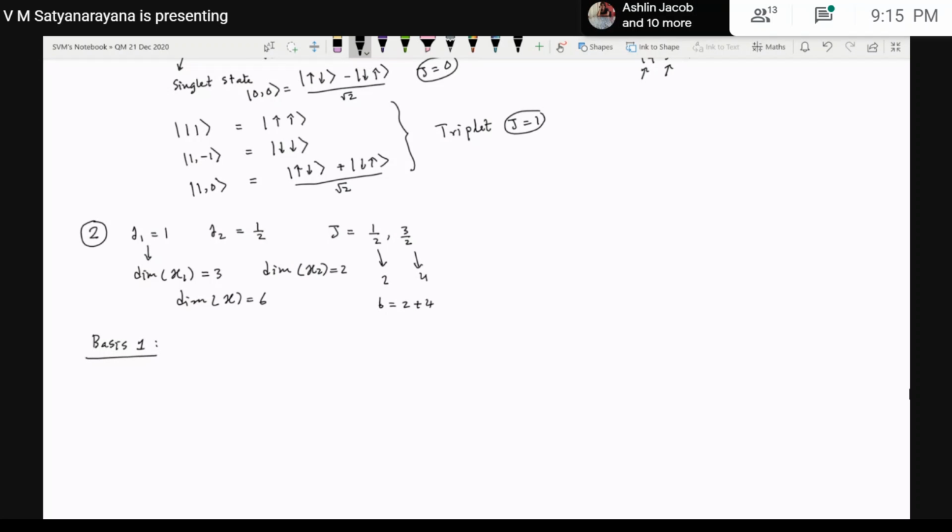Okay, so basis 1. How do we write basis 1? We have to write down 6 elements, correct? So that is our M1, M2 basis.